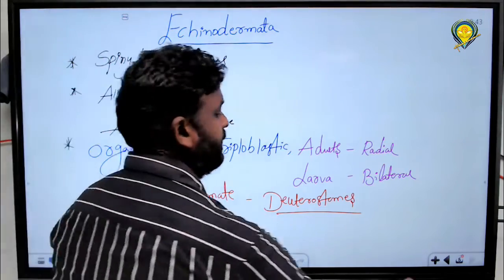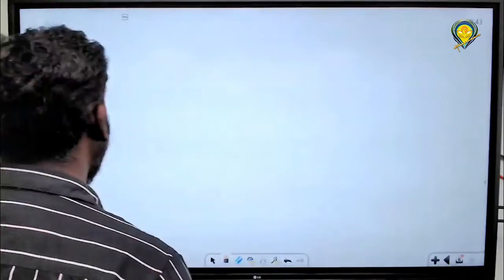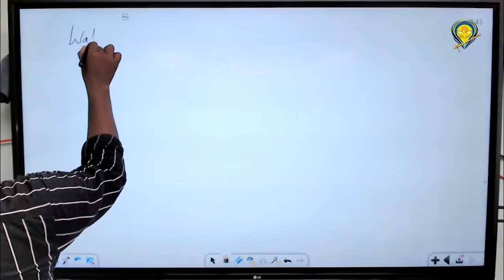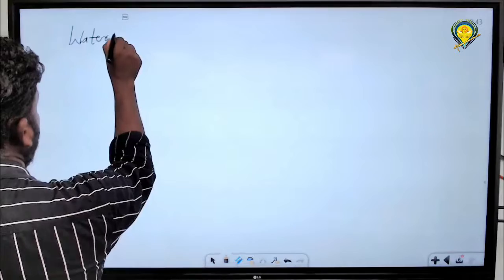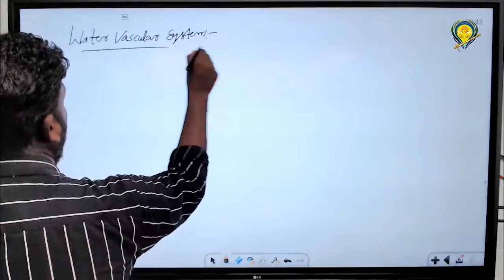It is the introduction part. Next one, we want to discuss what is special here. The water vascular system is the unique characteristic feature of Echinodermata. Please write. Water vascular system is a unique characteristic feature of echinoderms.